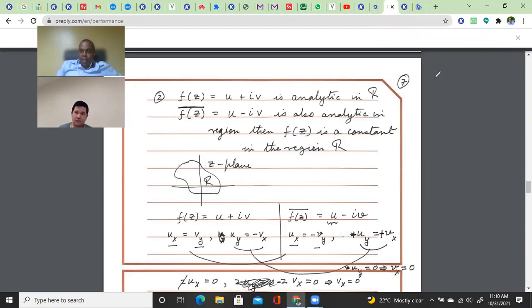We just checked and found that the function f(z) equals e^z was analytic, right? Yes.